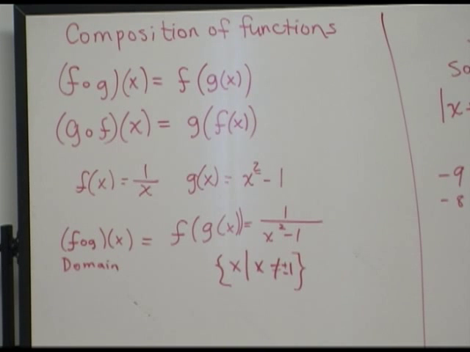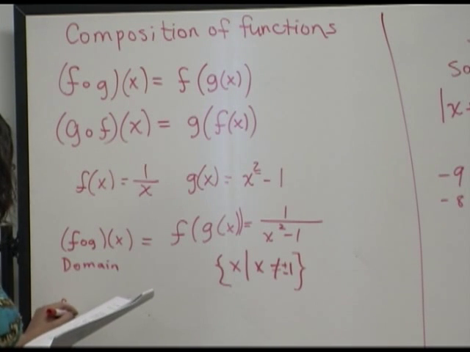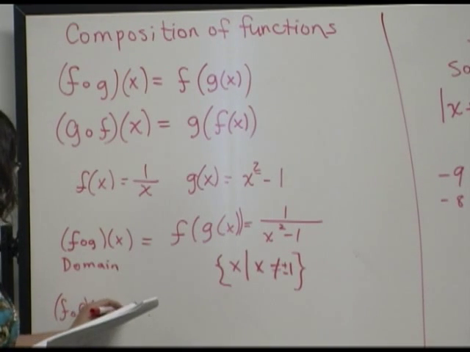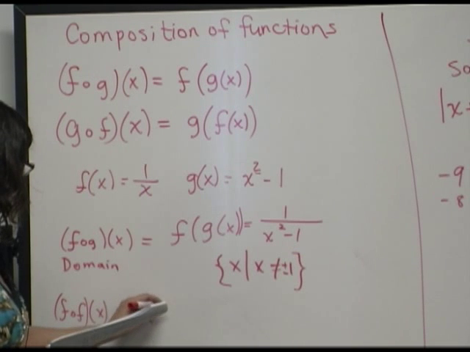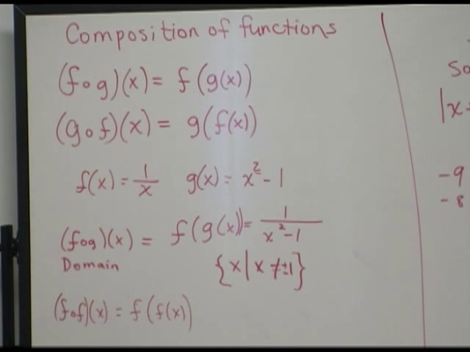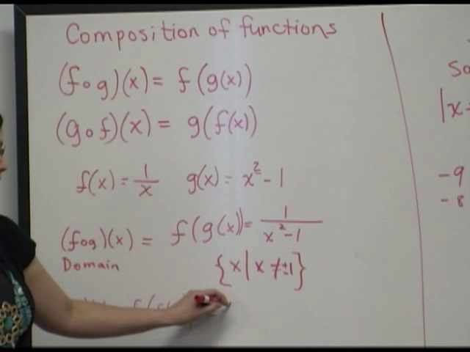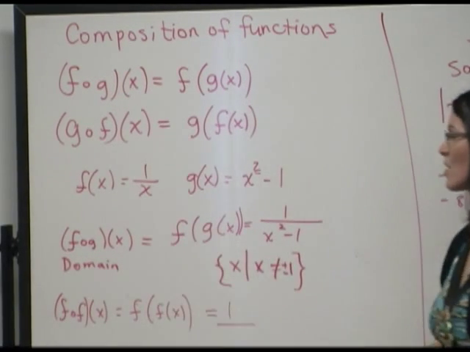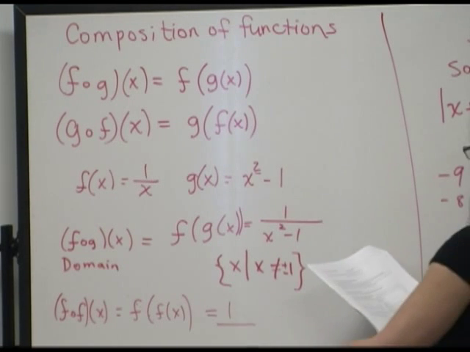Now let's find, what's the next one? F composition F. That is 1 over, now instead of x, what are we going to write in there? 1 over x. Instead of x, we're going to write 1 over x.